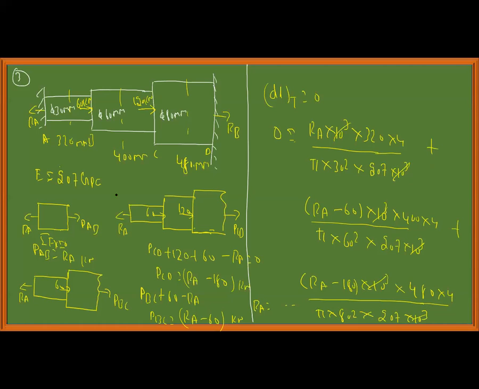Let me simplify here. We can take pi, 207 and 4 also common, pi by 4 into 207 into 10 power 3, but this 10 power 3 will not cancel.